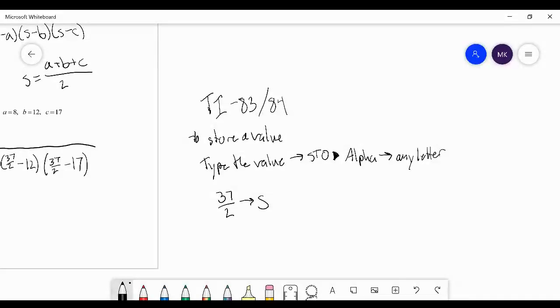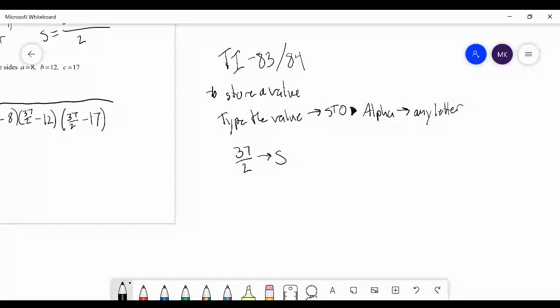Now anytime I put the letter S into my home screen, it treats it as the number 18.5. So if I do S times 2, it gives me 37, because 37 over 2 times 2 is 37.